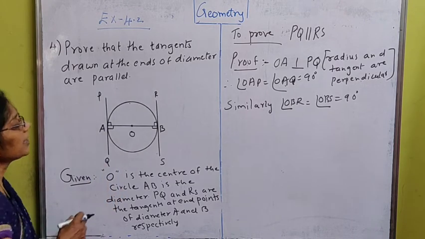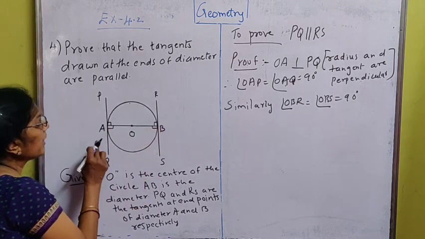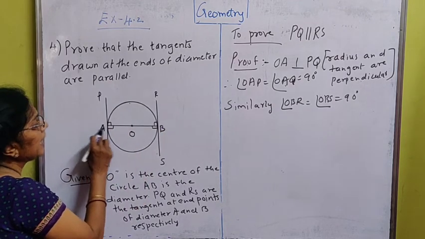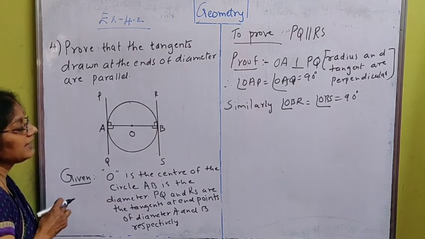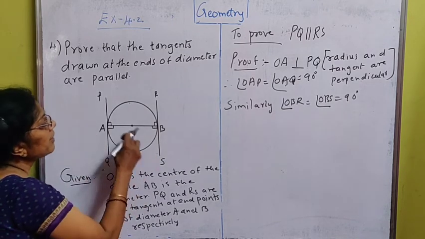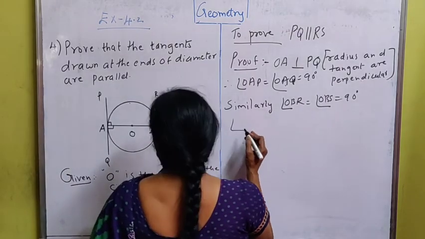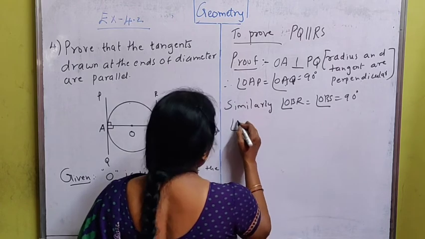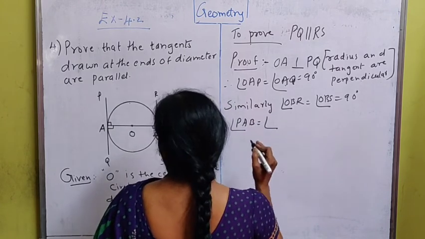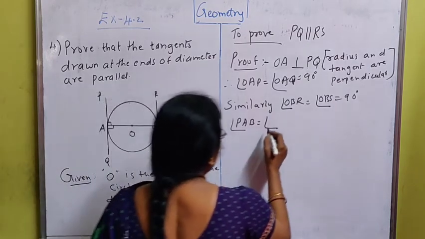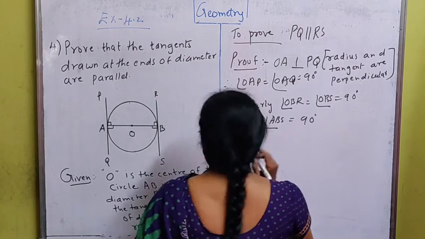You can see over here angle PAB is equal to angle ABS, which is 90 degree. ABS means OBS, it is one and the same. So angle PAB is equal to angle ABS is equal to 90 degree.